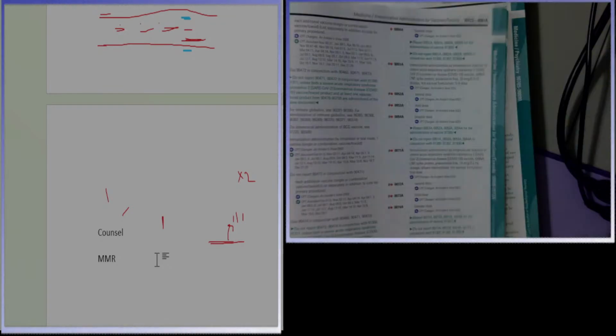So we don't need to bill for the vaccine, but we're going to do the codes for the vaccine administration, right? 90460 and what's going to be our 90461, if anything?